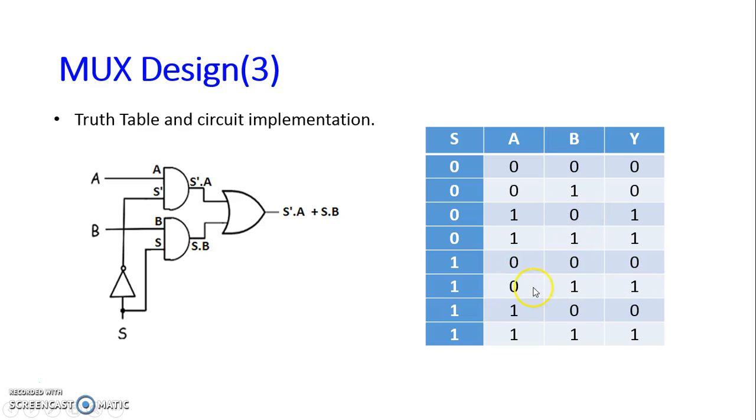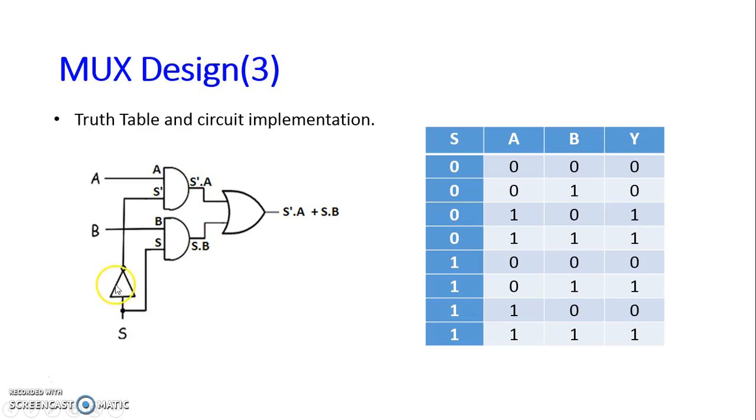Similarly for this one, B is 1, S is 1, A may be 0 or 1. So to implement this one, we need S bar A. Similarly, to implement this logic, we need S B. So 2 AND gates are needed, which give me S bar A and S B.